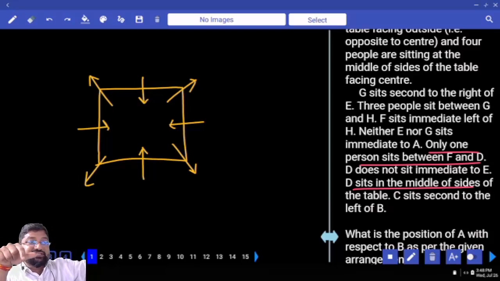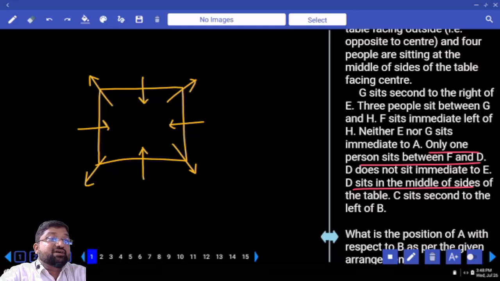Then can E, G, H sit in the middle of the table? No. Then E, G, H have to sit in the corners of the table.